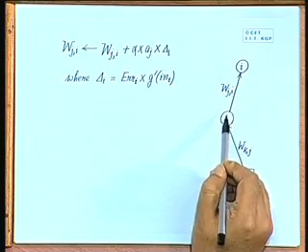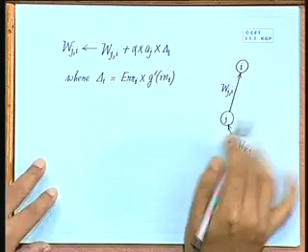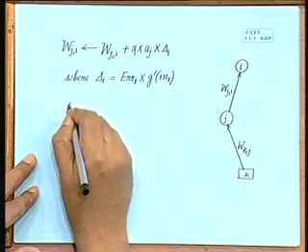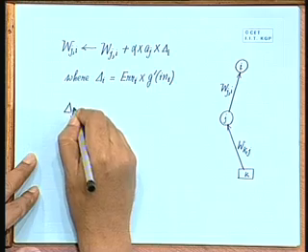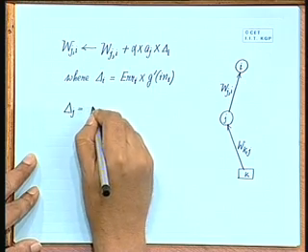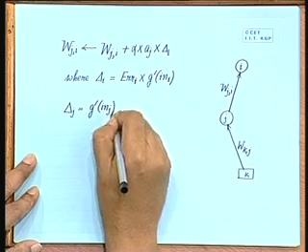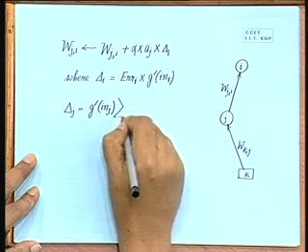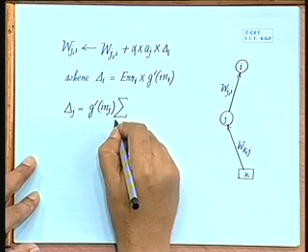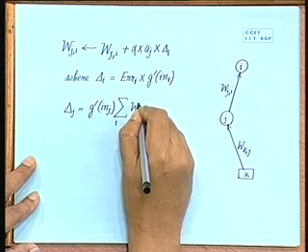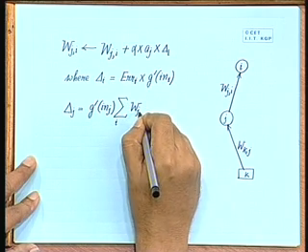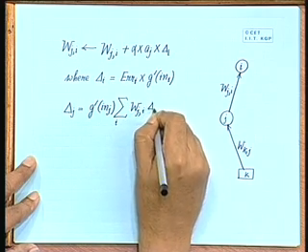Now, comes the question of how do we compute the errors in these units. So, that is where back propagation will come in. So, we will define delta j as g dash of inj times sigma over i Wji delta i.